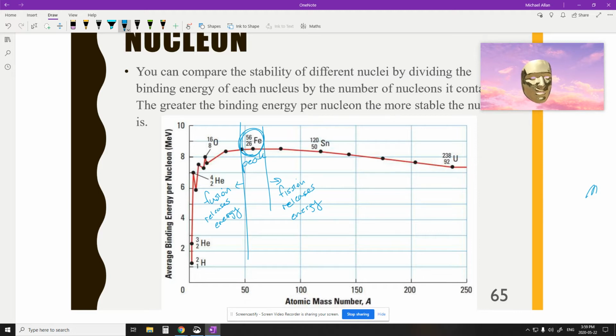Now, it's also saying that if fission releases energy on that side, then on that side, fusion would absorb energy. This is where it comes to more the nature of our sun and suns that die off. Because what's inside the sun right now is a bunch of hydrogen and helium, and they're all fusing together. As you run out of hydrogen, the helium starts fusing together.